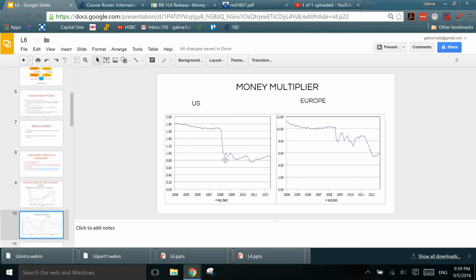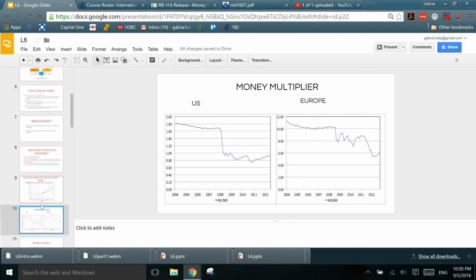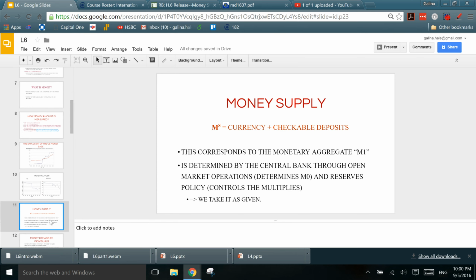And a similar situation happened in Europe, where you can see it's a different ratio. So the multipliers are much higher because here we're looking at the ratio of M3 to M0, as opposed to here in the US, we looked at M1 over M0. But you can see basically that the lending has declined dramatically as well. We're going to stop part 2 here and see you in part 3.